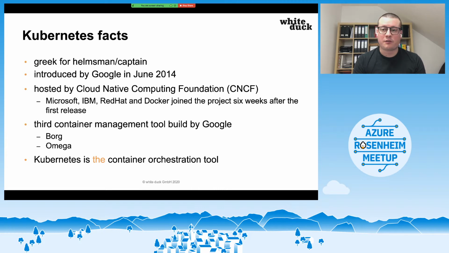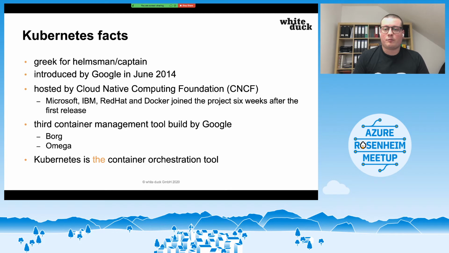Yeah, Kubernetes was not the first container management tool Google built. They built 2 other ones, Borg and Omega, but those are only running within Google to manage Google's workload, so Google Search and other Google services.